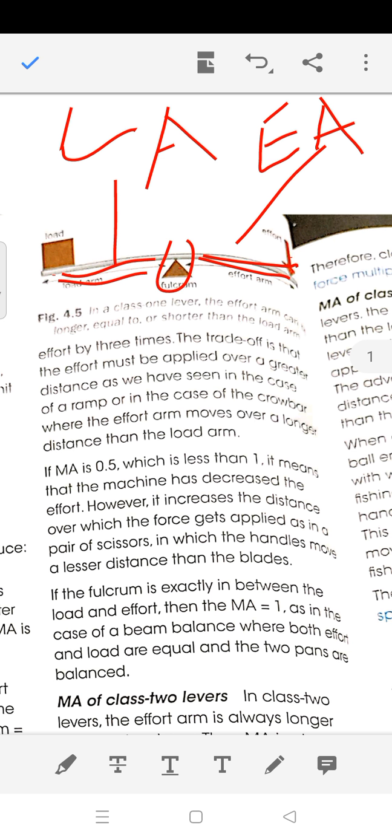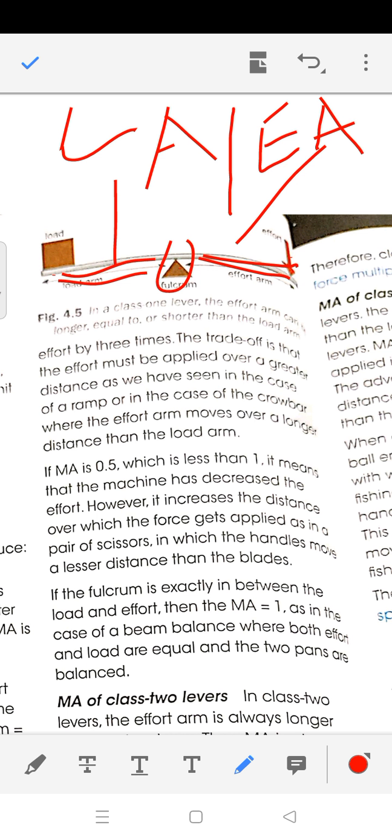What is load arm? The distance of the point of load from the fulcrum. And what is effort arm? The distance of the point of effort from the fulcrum. Now, in class 1 lever, these two, load arm and effort arm, can be equal in length or any one can be bigger.